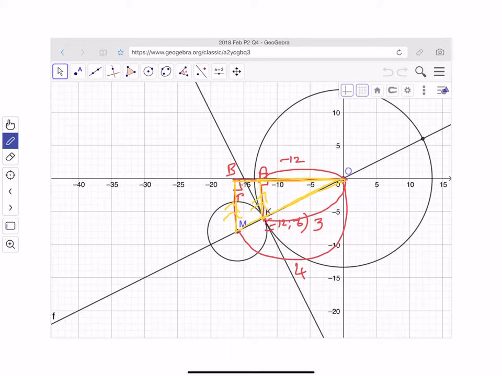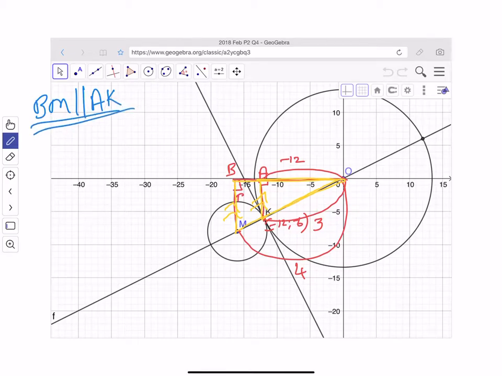So my first conclusion here is that BM is parallel to AK. You can either write by construction, or you can say angle A is equal to angle B is equal to 90 degrees. That's my first conclusion.